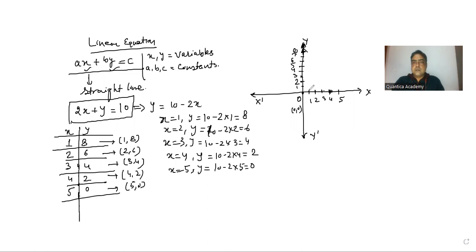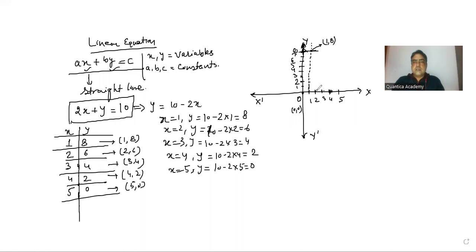So what do we do? On x equals 1, we draw a vertical line parallel to the y-axis, and from y equals 8, we draw a horizontal line parallel to the x-axis. The point where these two lines intersect each other gives us the point (1, 8).